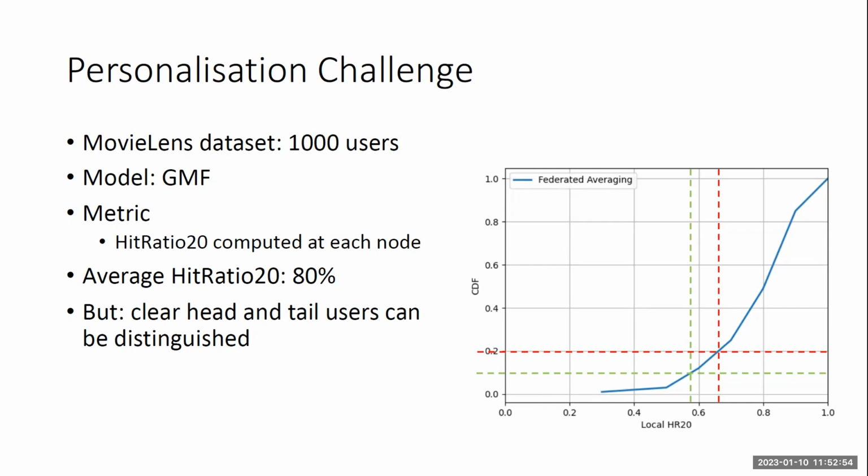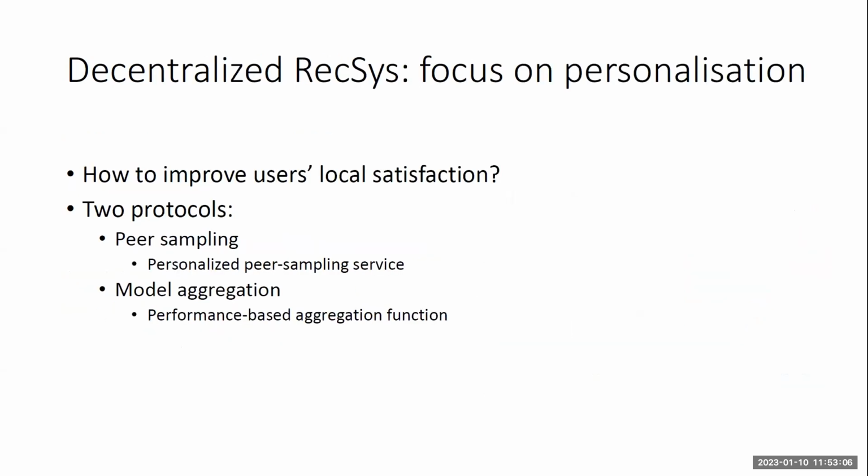There is a large difference between head and tail users. So can we do something better in terms of the distribution of satisfaction between various users? The question that we ask ourselves is, can we improve?